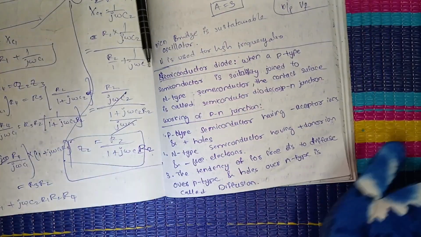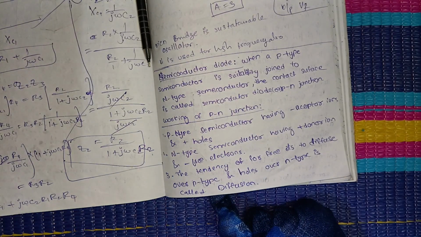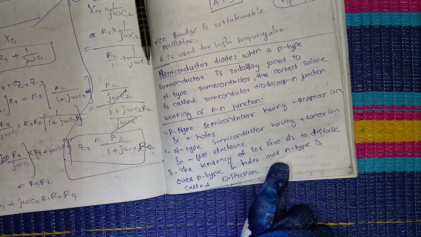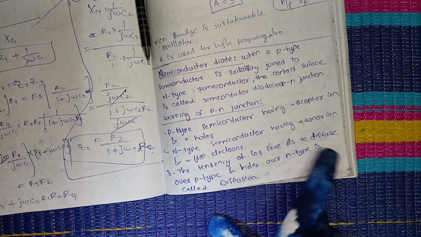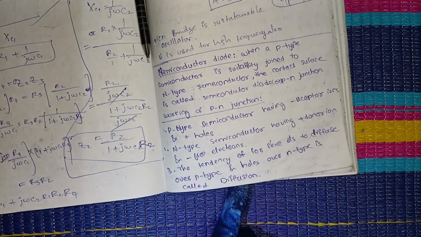So here the definitions are done. The tendency of free electrons to diffuse over p-type and holes over n-type is called diffusion.